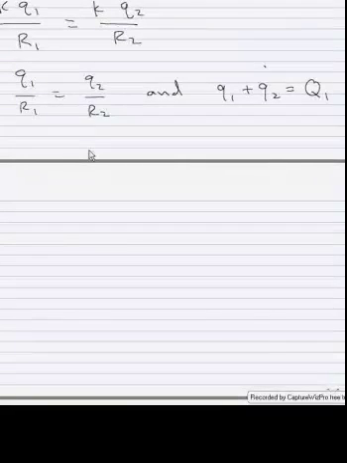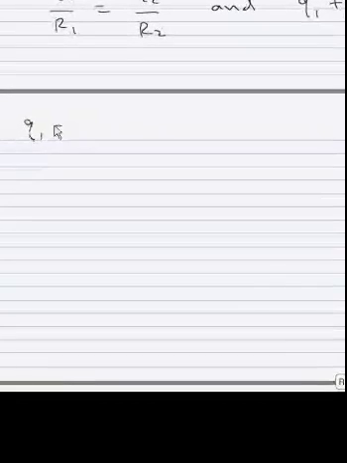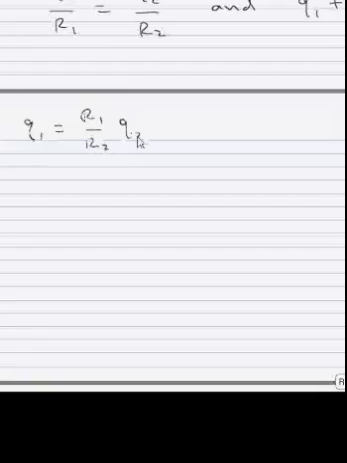So what do I get? I just have to do a little algebra. I get q1 is equal to R1 over R2 times q2.